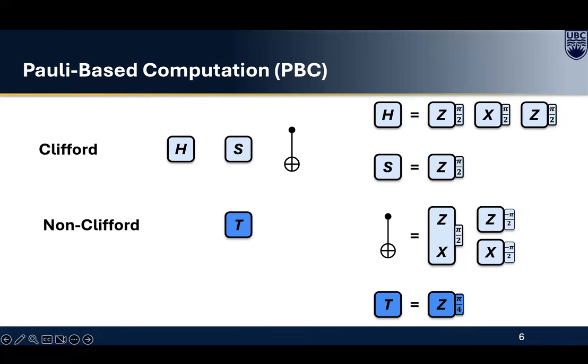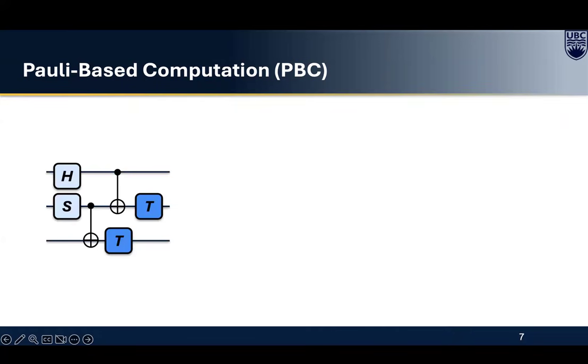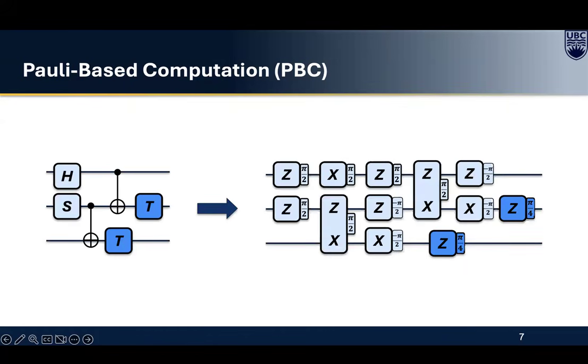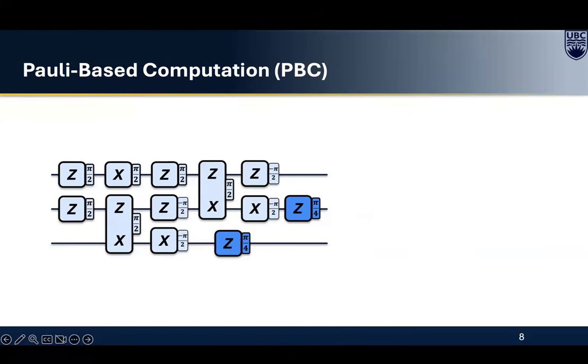So how PBC works is that, given any Clifford plus T circuit, first we convert this circuit into this Pauli product circuit, so we only have those Pauli product rotations. Then for each of the Clifford rotations, those lighter color blocks, we can conjugate or commute them through all the non-Clifford rotations, the darker ones.